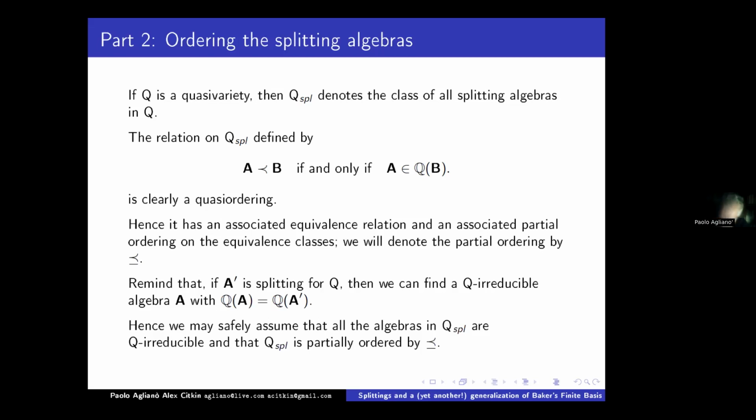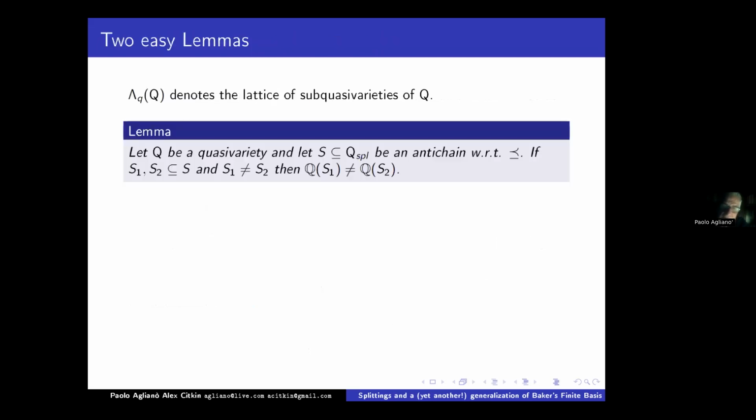Now, first thing. Let's take an anti-chain in this ordering, and if I take two different subsets, they generate different sub-quasi-varieties. Okay, this is the first lemma.